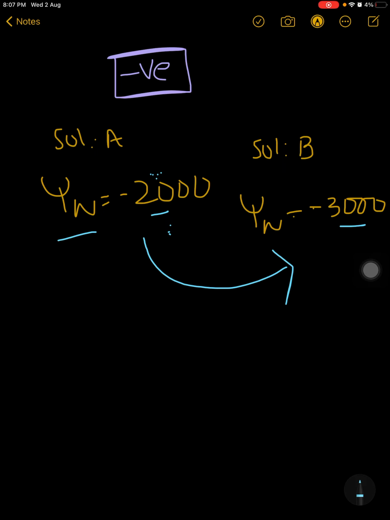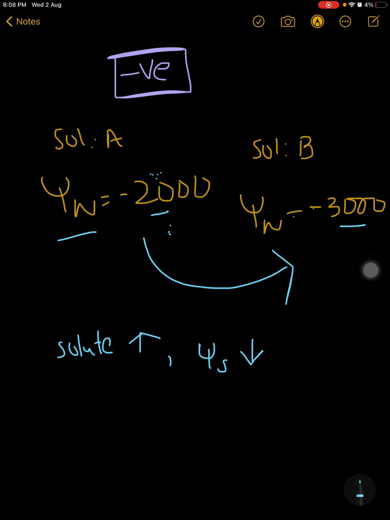Now, in order to explain this negative sign, if I say that there is high osmotic potential or high solute potential, what does that mean? Basically, as there is a negative sign, if you increase the solute particles, then the osmotic potential, or the solute potential, will basically decrease.